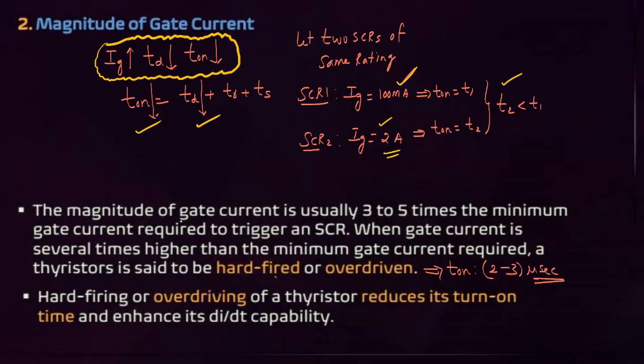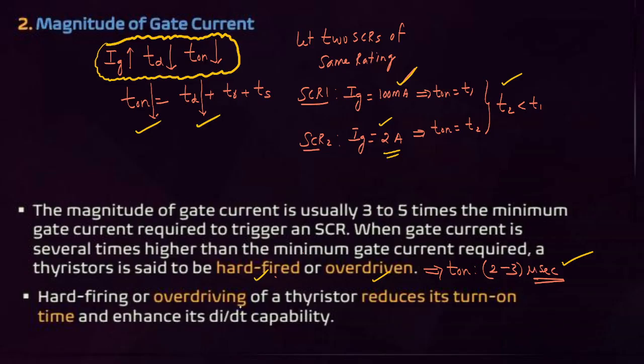Some SCRs are designed with high gate current. Those SCRs are called hard-to-fire or overdriven SCRs. Very important observation: for hard-to-fire or overdriven SCRs, the turn-on time is 2 to 3 microseconds.